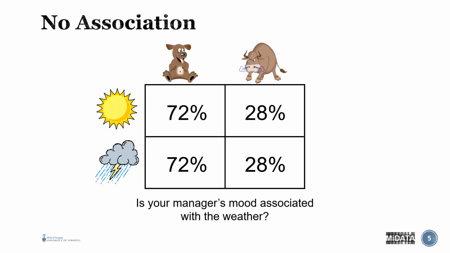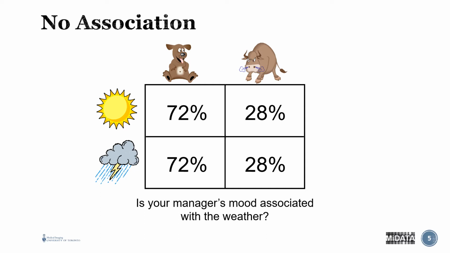All right, let's have a look at a simple example. If you have a contingency table that looks like this, where on the top for your columns you have happy dog and angry bull, and on your left your rows are sunny weather and cloudy stormy weather. The question is, is your manager's mood associated with the weather? If you look at the numbers, when it's sunny, 72% of the time your manager is a happy dog, and 28% of the time your manager is an angry bull.